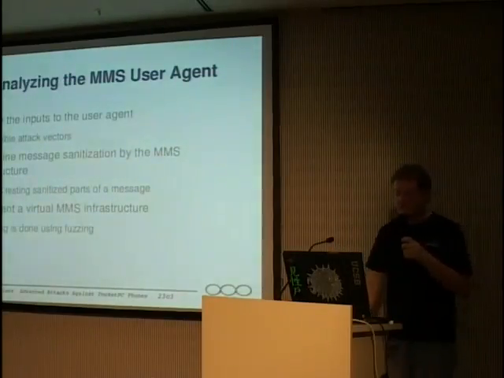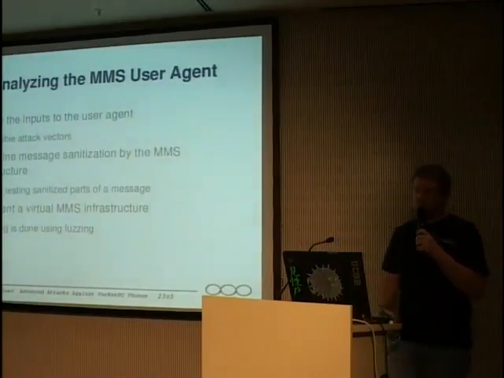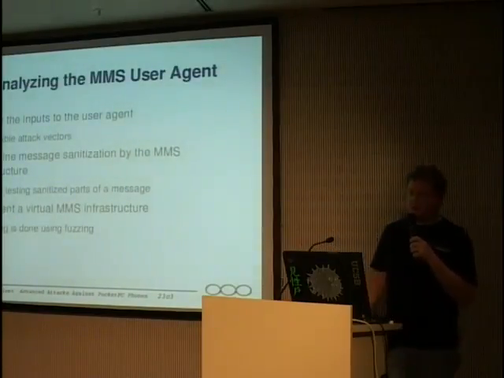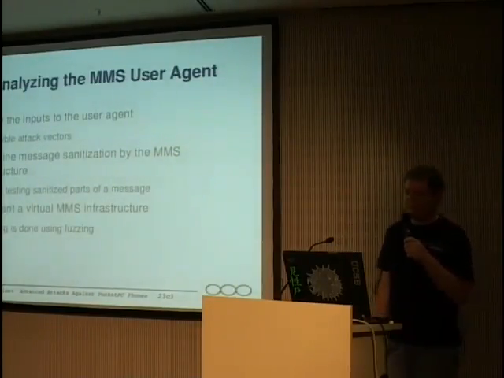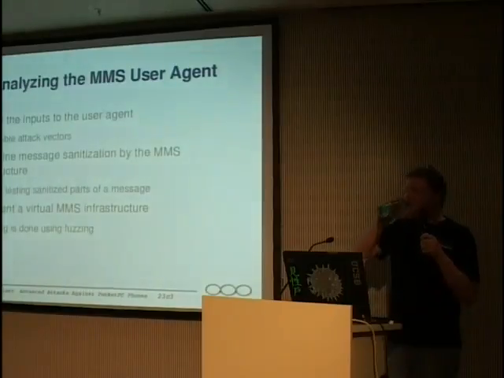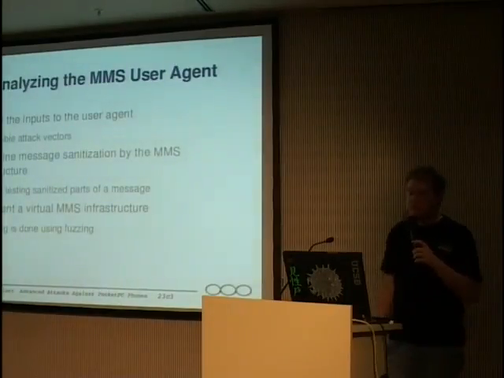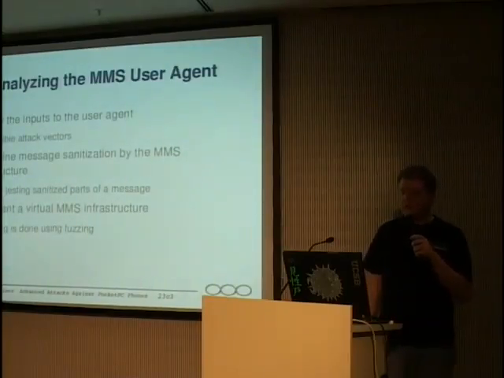If we want to attack the user agent, we first need to see what kind of inputs the user agent has, because inputs equal possible attack vectors. Since we have some infrastructure in the backend which handles each message, we really have to look at the infrastructure, because it could do sanitization.